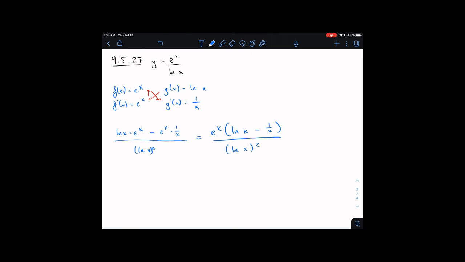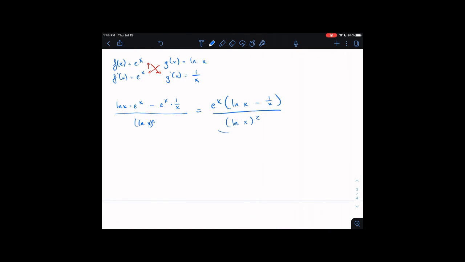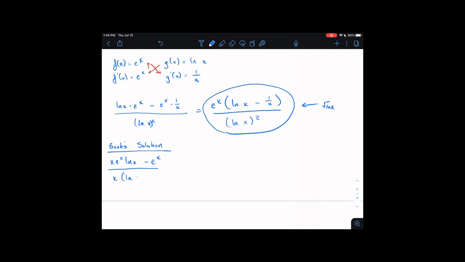All right, now one quick note here. This is fine. So this is a solution. The book writes the solution as this. They write, x e to the x natural log of x minus e to the x over x natural log of x squared. And this is just this thing here.